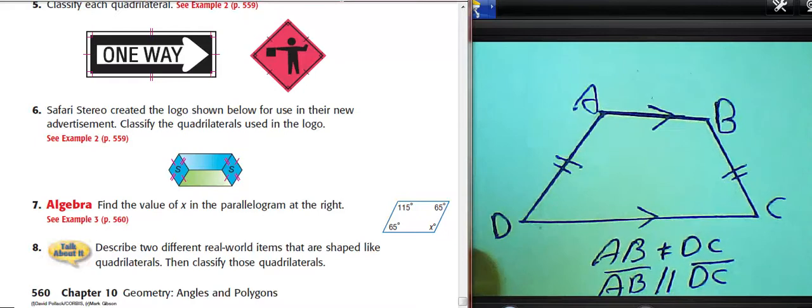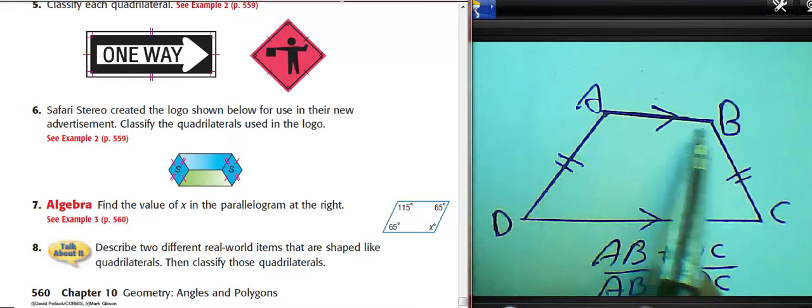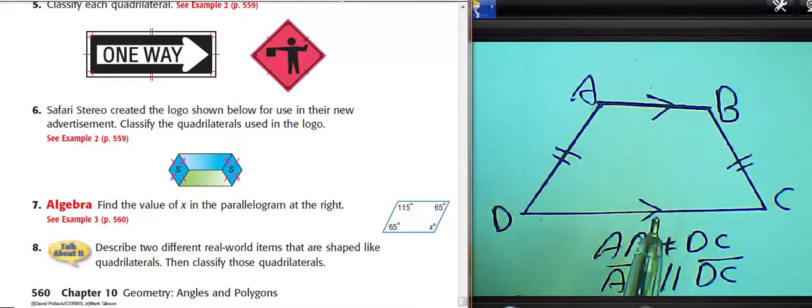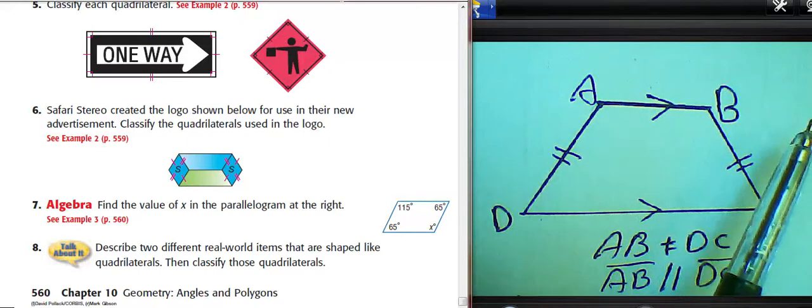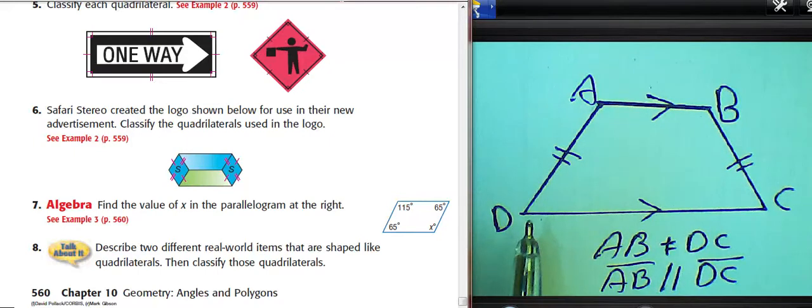In this trapezium we have one pair parallel and not equal in length. AB not equal DC, but AB parallel to DC.